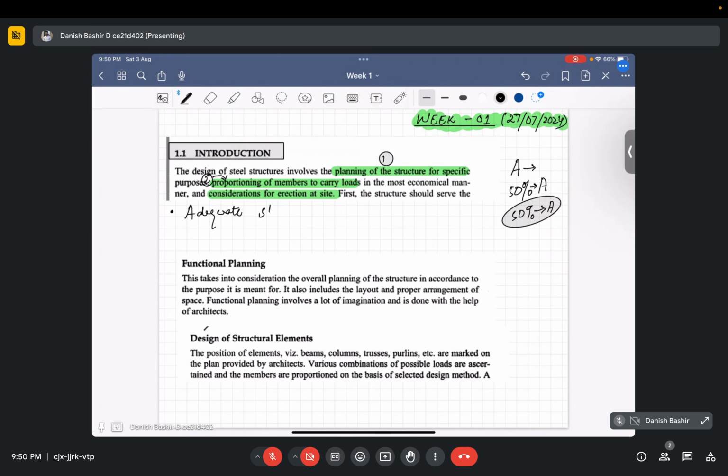Adequate strength to withstand direct and induced forces during its lifespan.